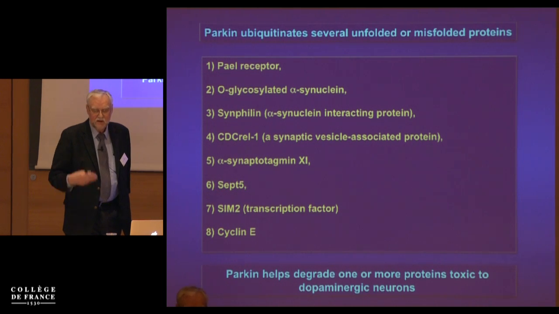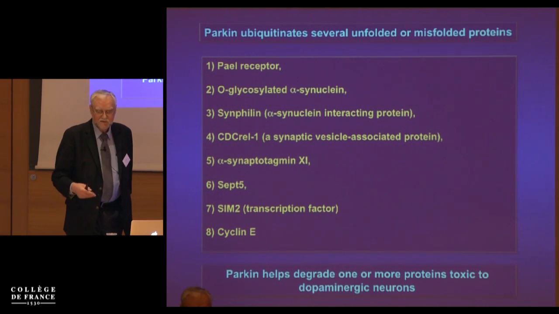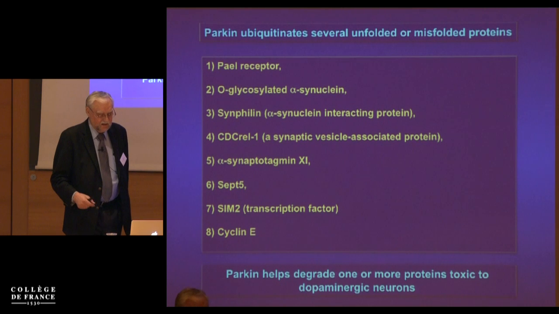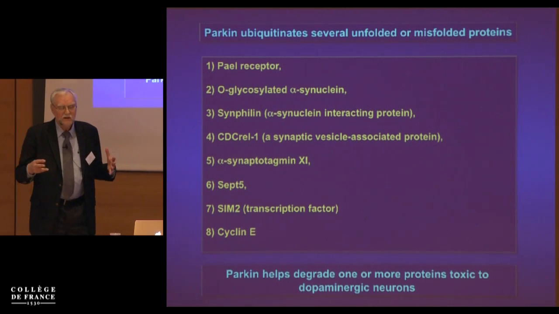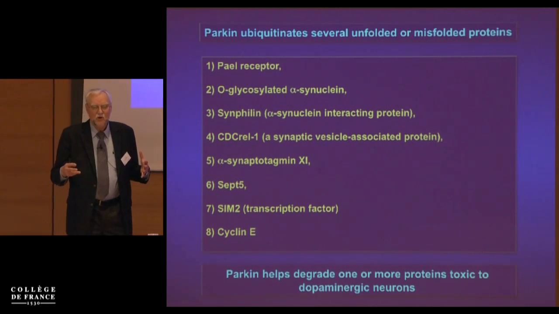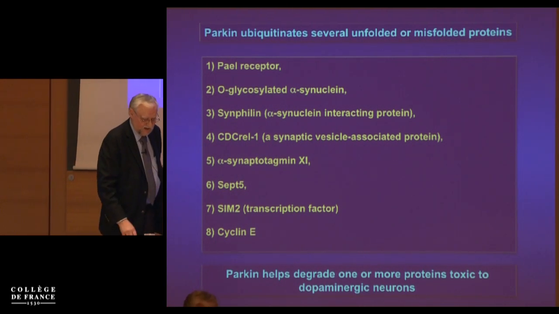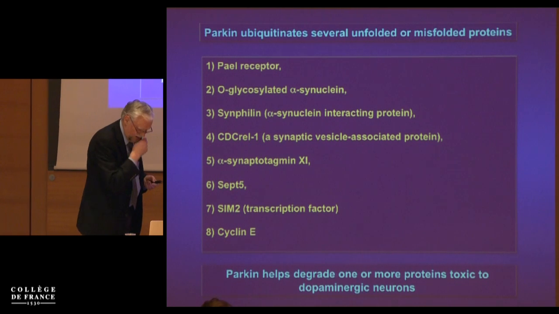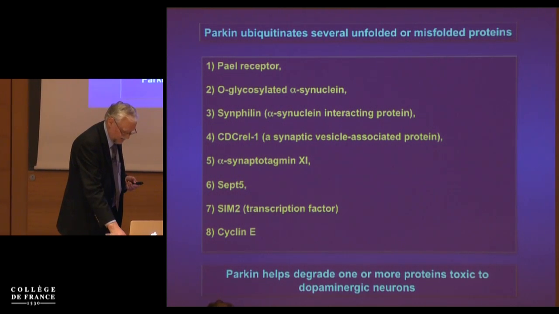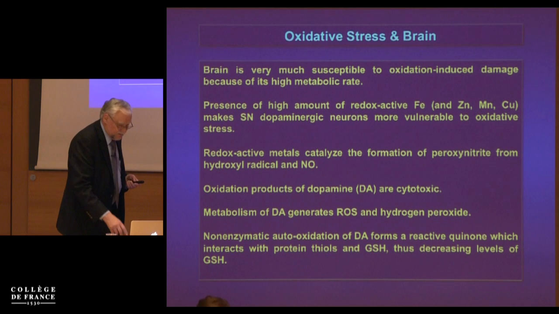Dopamine can be auto-oxidized and thereby damage cells. It's inherently a damaging molecule, which is very important, of course, for emotional and our way of communication in nerve cells.